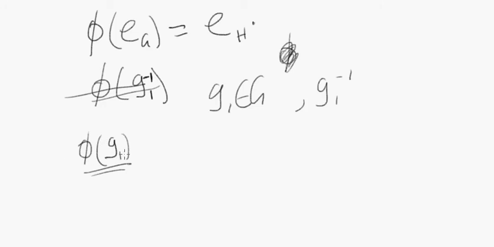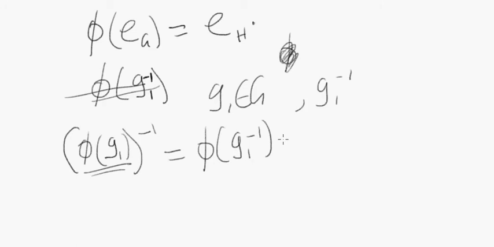That is, if you get the inverse of g1 in G, and then you apply phi to it, what you get is actually the inverse of phi of g1. Right? So that's really another remarkable fact.